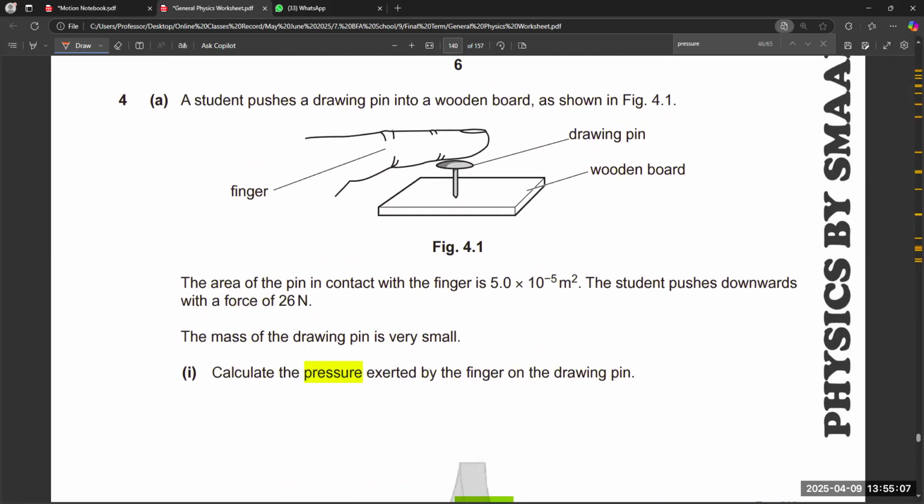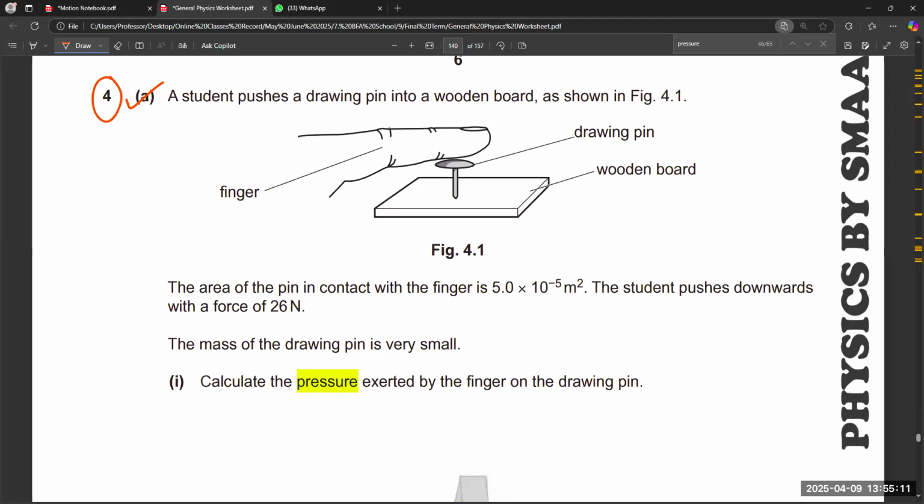Okay, we have another question related to the pressure topic. A student pushes a drawing pin into a wooden board as shown in figure 4.1.